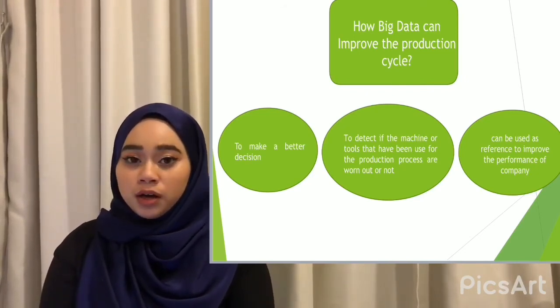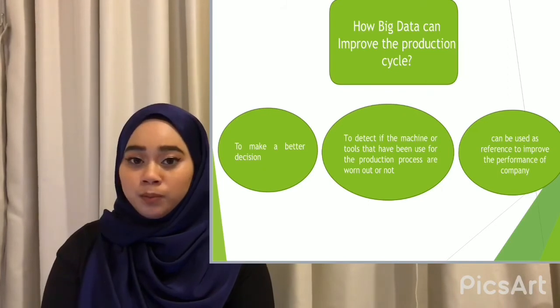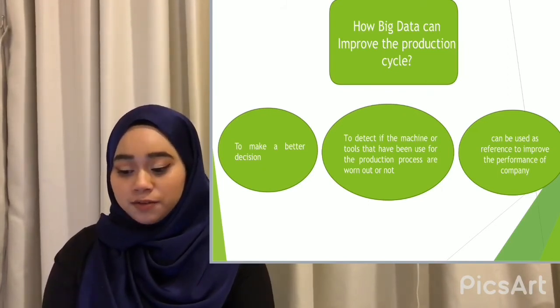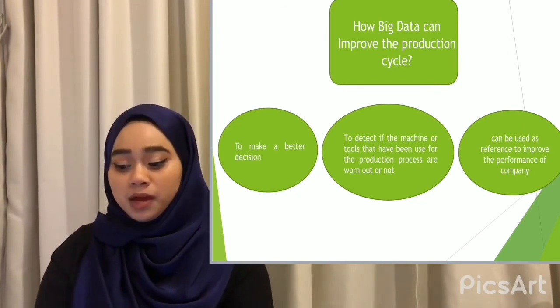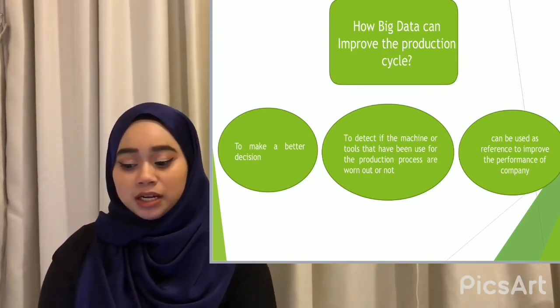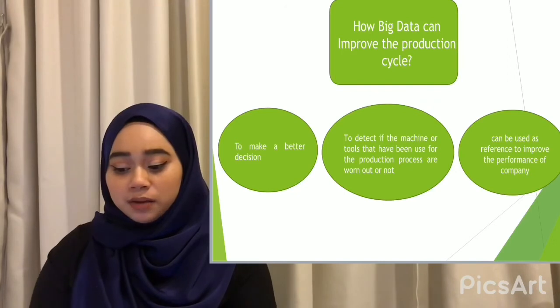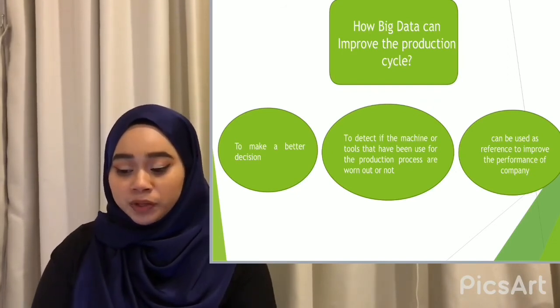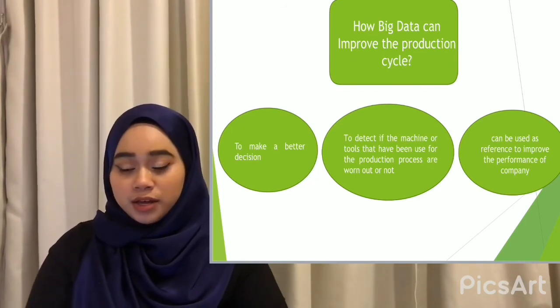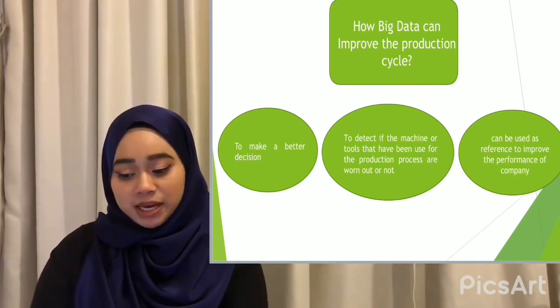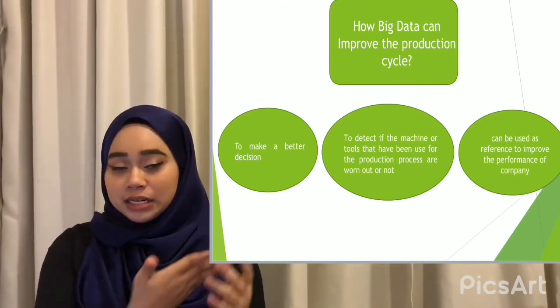So how can big data improve the production cycles? The first one is to make a better decision. The company can make a better decision regarding the production process. Big data helps the decisions made by the employees within the production process, so that there's no mistake about the production process.